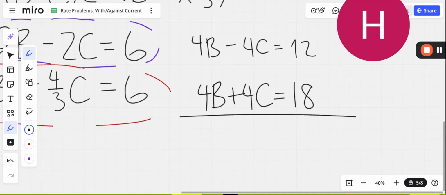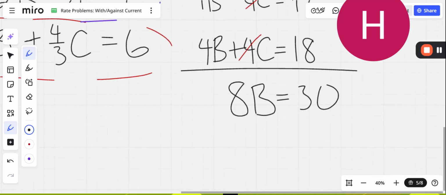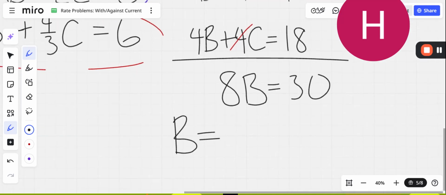Okay, so here we're able to cancel out these opposite terms, leaving us 8b equals, add them together, 30, and that means that b is equal to, if you don't know how to divide by 8, I mean you should know how to divide by 8, but dividing by 8 just means you're dividing by 2 3 times in a row.